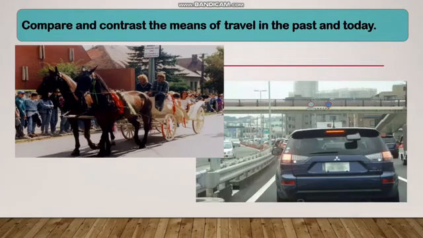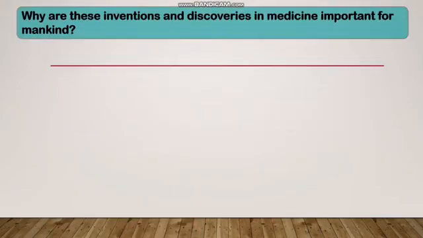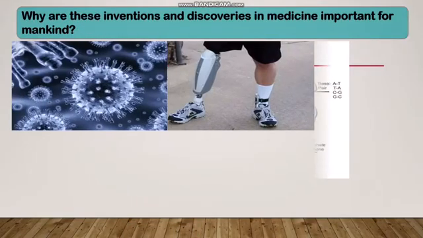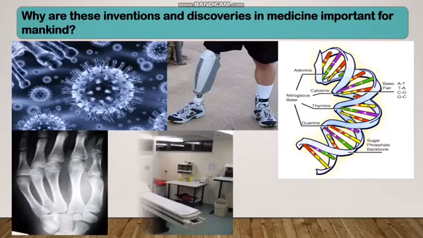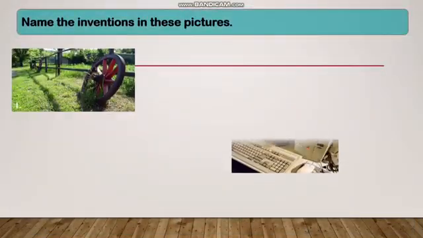Compare and contrast the means of travel in the past and today. How will the means of travel change in the future? What kind of fuel will be used? Why are these inventions and discoveries in medicine important for mankind? Name the inventions in these pictures.